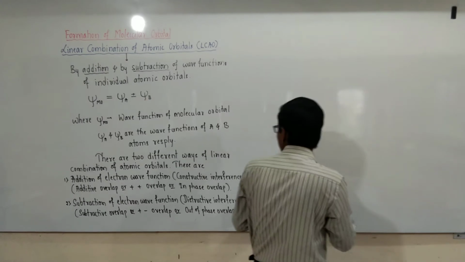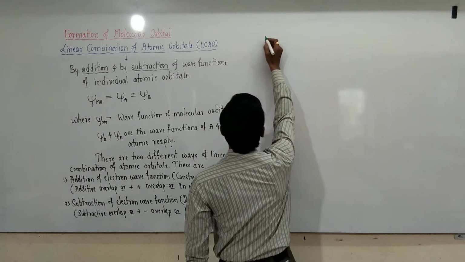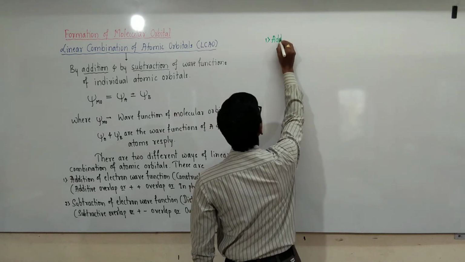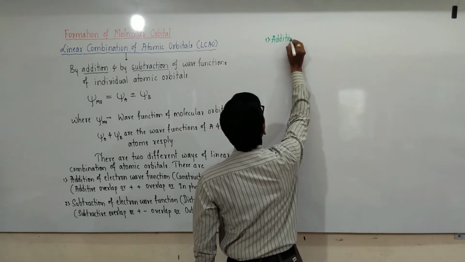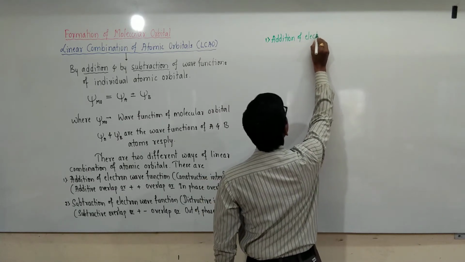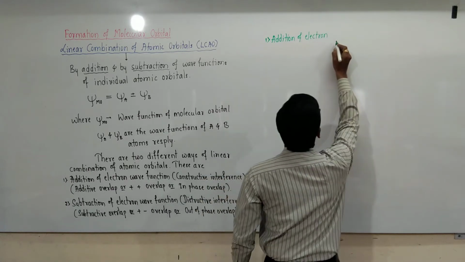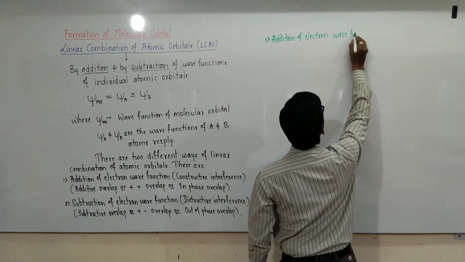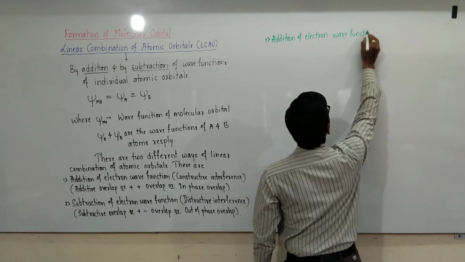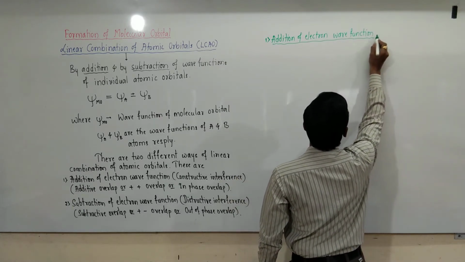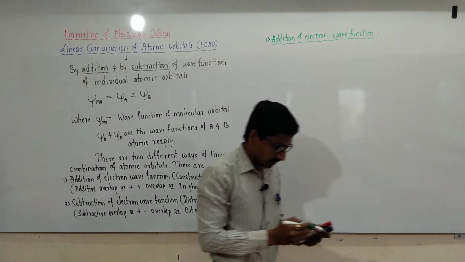The first one is addition of electron wave function. That is also known as constructive interference.